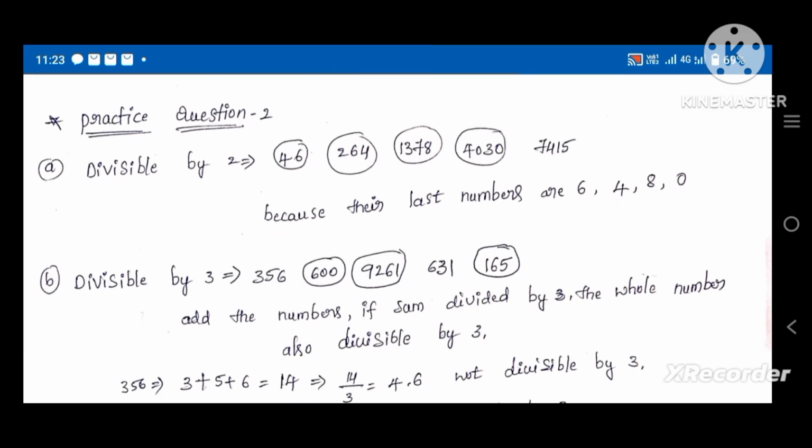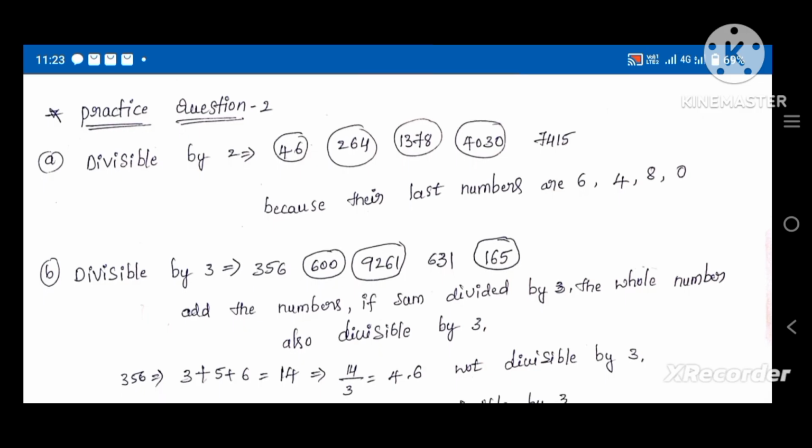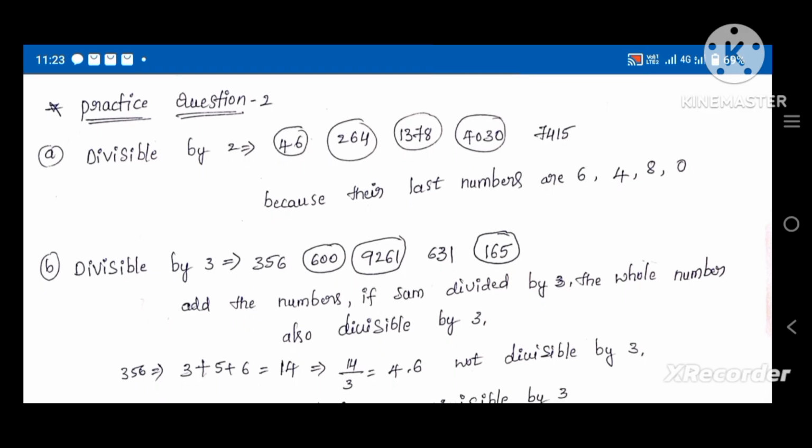The last digits 6, 4, 8, 0 are even numbers. These are divisible by 2.